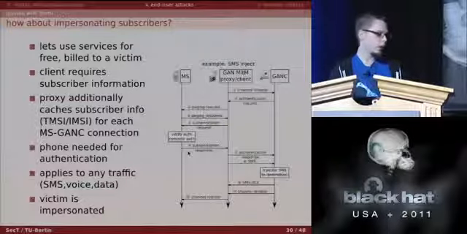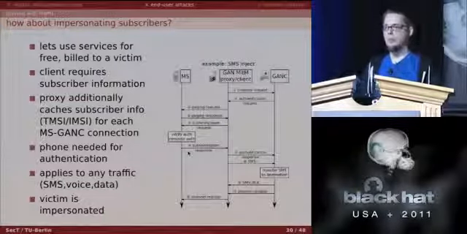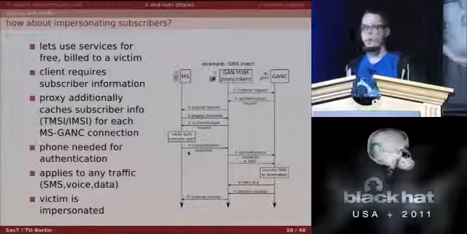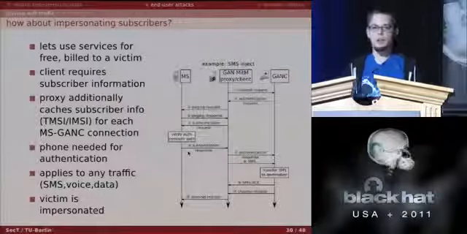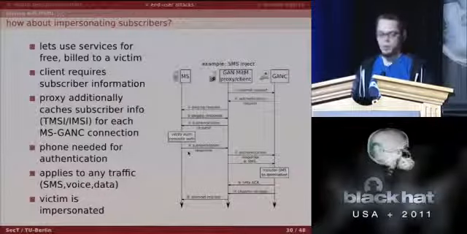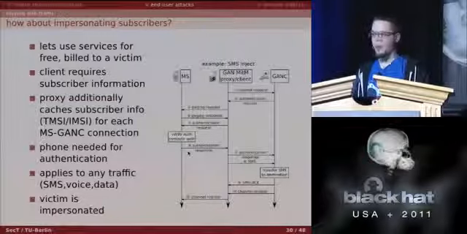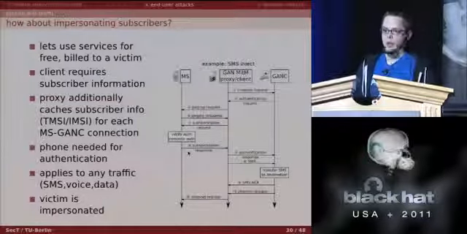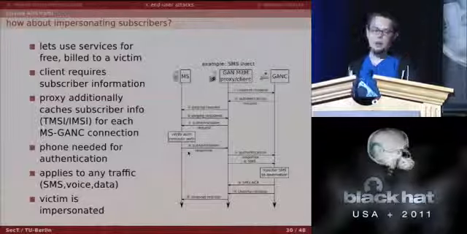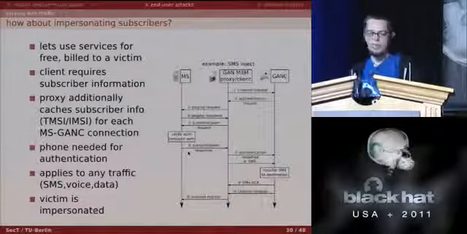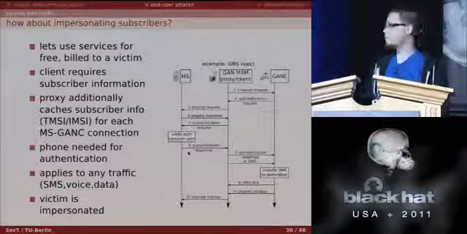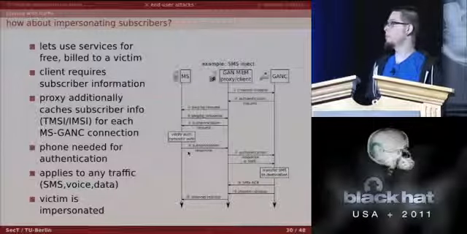So in order to get that, the proxy is not only differing between message types, but it's also caching every subscriber-related information exchanged between the phone and the network. So our client is just connecting again to the proxy. It says, I need fresh subscriber information. The proxy will just reply with a fresh TMSI or an IMSI.